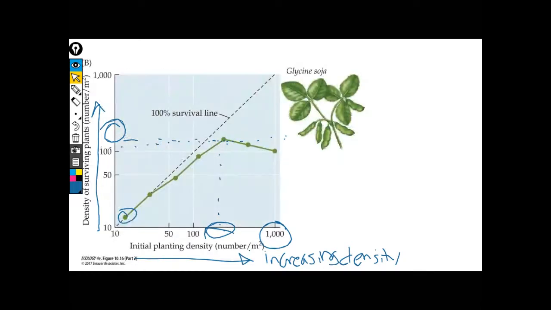And we see that in agriculture all the time. It's a big problem with what we call monocultures. Literally meaning one planting. They're much more susceptible to predation or disease, right? Because diversity helps in so many ways, right?